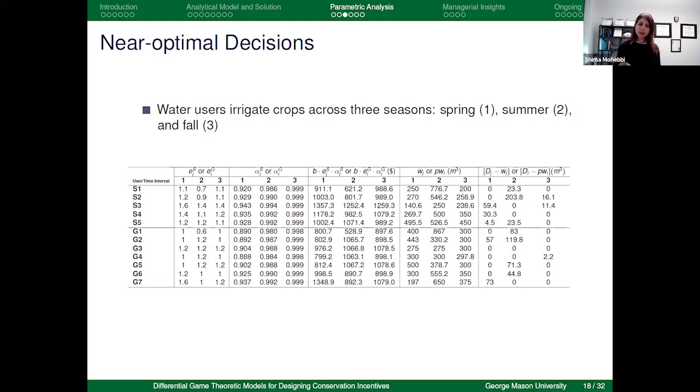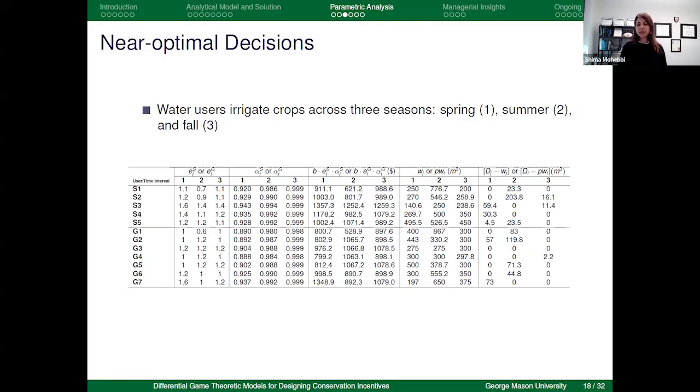I would like to draw your attention to the fourth groundwater user, G4, in this table, and we can see that increasing the effort level raises water users' willingness. However, the offered incentive may still be considered unreasonable according to the water user's utility function.